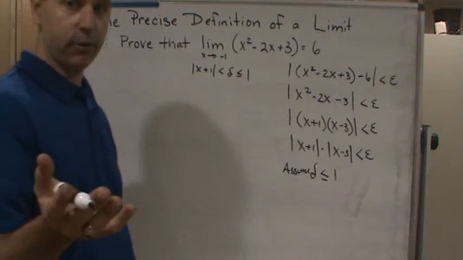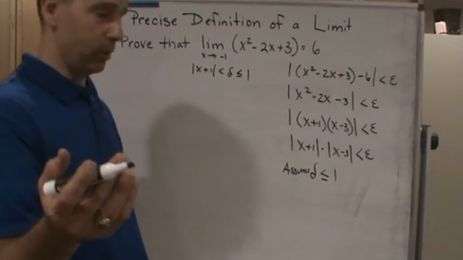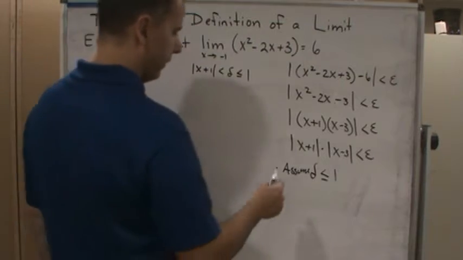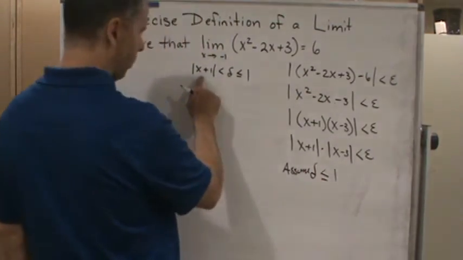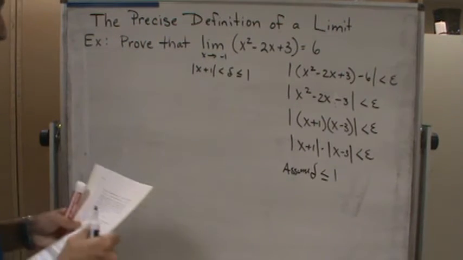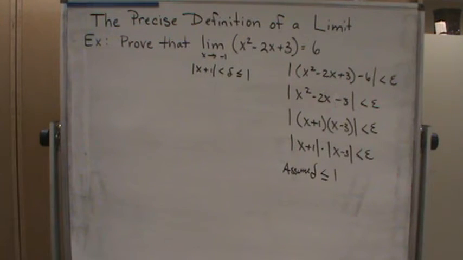Now, where am I getting 5 from? Again, I'm just arbitrarily picking a number.